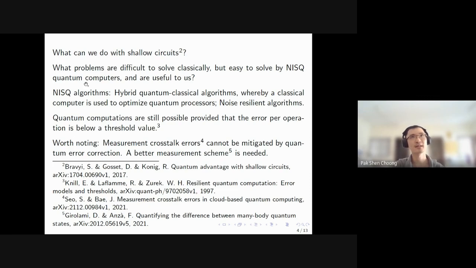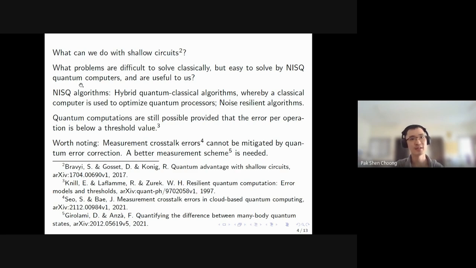And then, of course, the current algorithms that we have, besides the variational algorithms and so on, like the Deutsch-Jozsa algorithm and other algorithms, most of them, when we try to prove quantum supremacy, meaning that quantum computers can solve the problem faster than classical computers, are not actually useful to us. They are just a proof of concept that quantum computers can do better than classical computers.